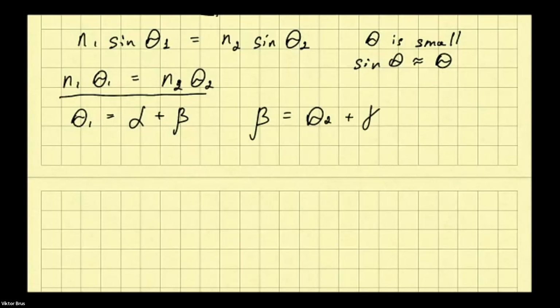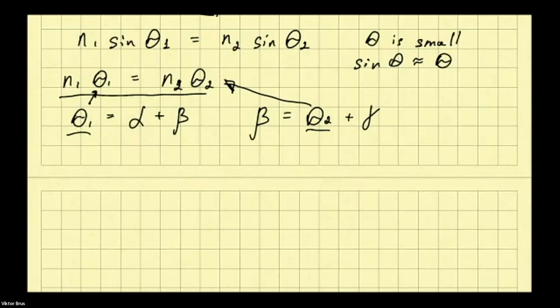So now theta 1 is already expressed, and we can express theta 2 and substitute these expressions into the previous equation. Then we will get rid of theta 1 and theta 2, and we'll stay with angles alpha, gamma, and beta.